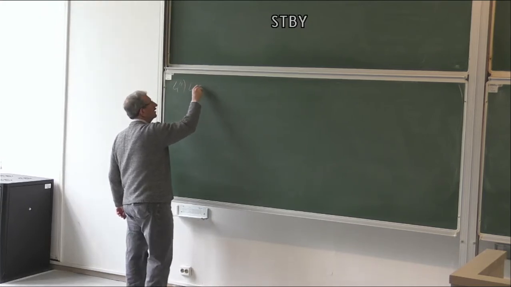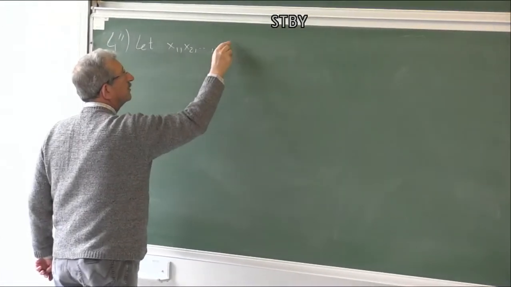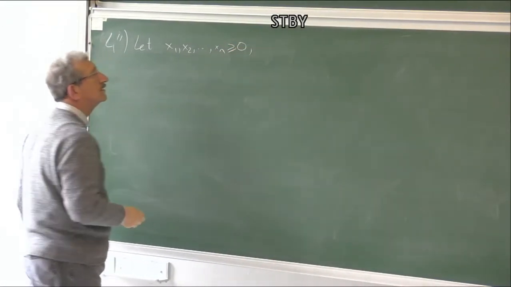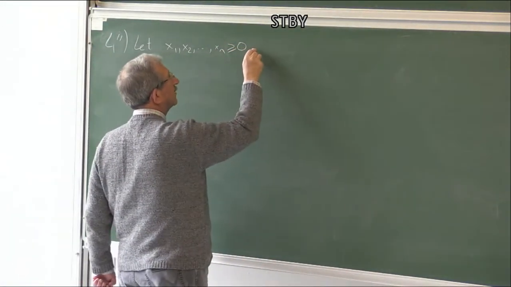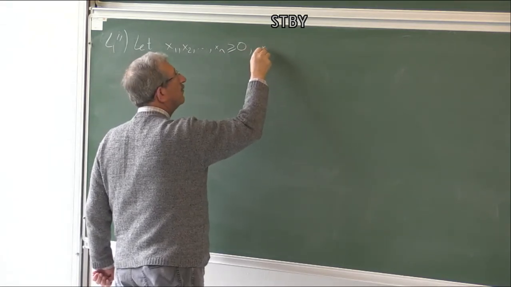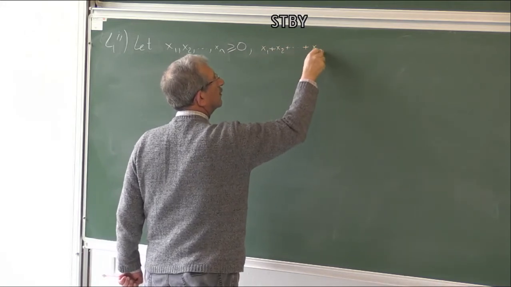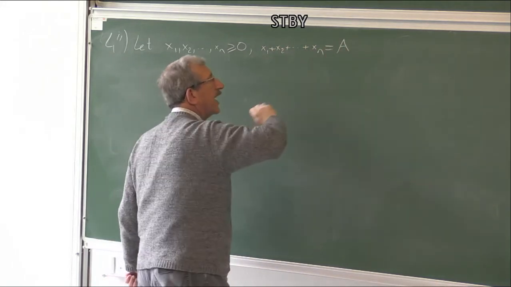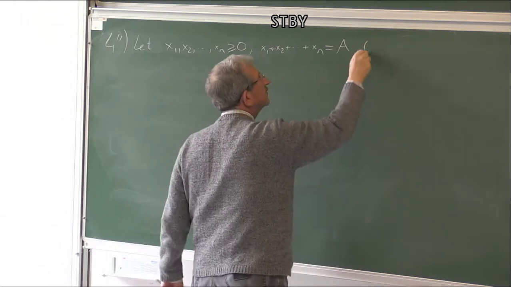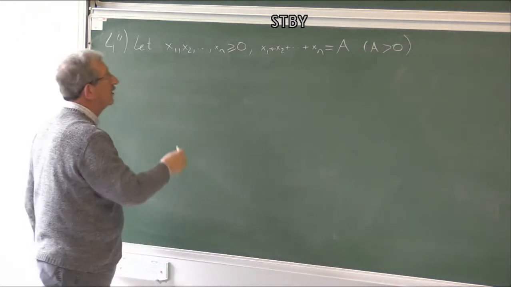Let x1, x2, ..., xn be non-negative numbers such that their sum is A. Well, A is some positive number. Okay.